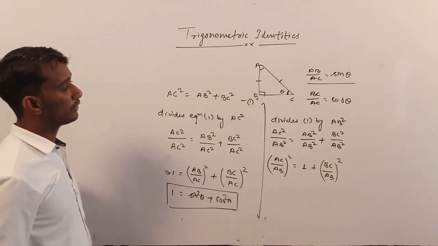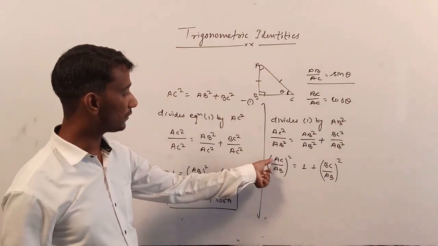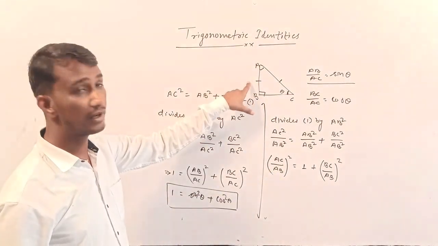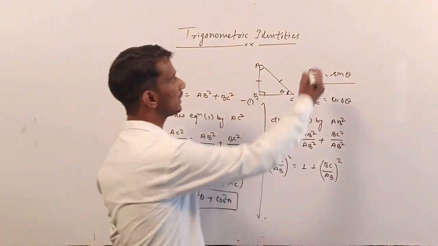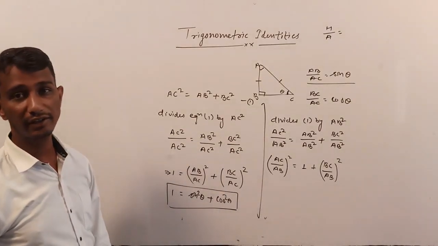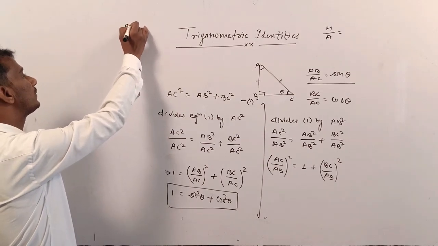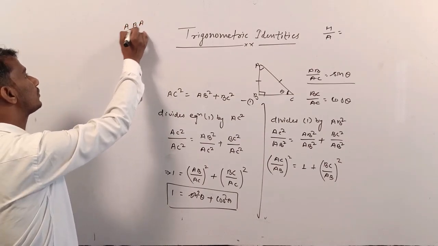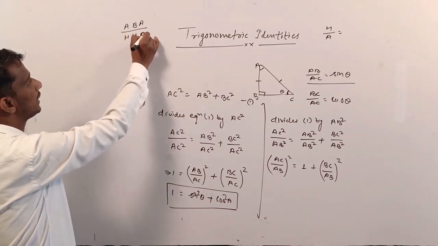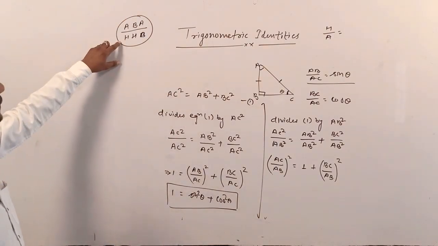According to the right-angled triangle, what is the ratio of AC and AB? AC is the hypotenuse and AB is the altitude, so hypotenuse upon altitude.